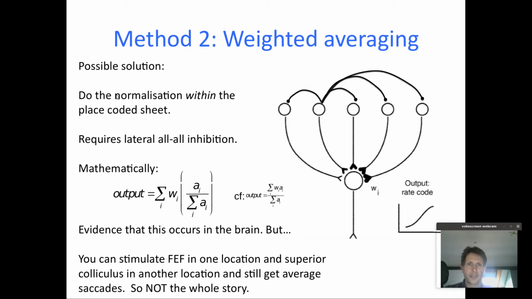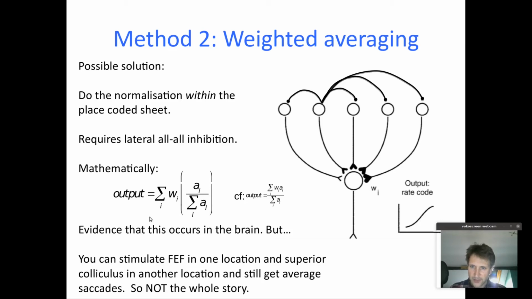But the idea is that within the sheet of neurons, you've got one neuron which inhibits all of the other neurons when it's active. But it's not just this neuron that inhibits these neurons. Every one of these neurons has the same pattern projecting to all the others. This essentially achieves a kind of normalization.